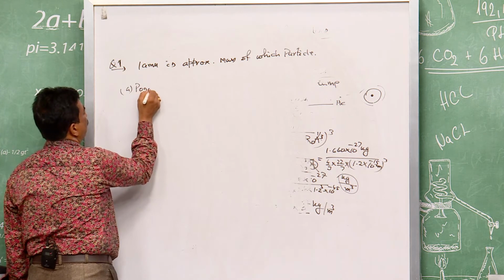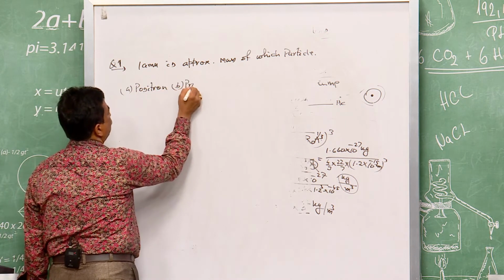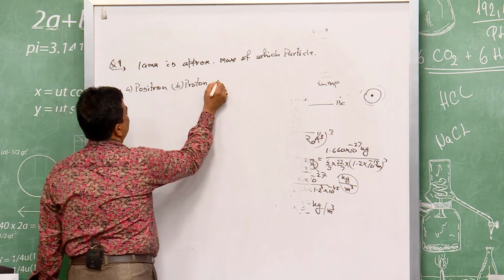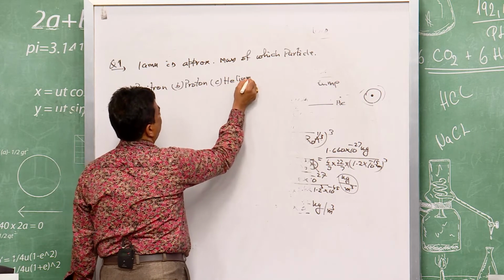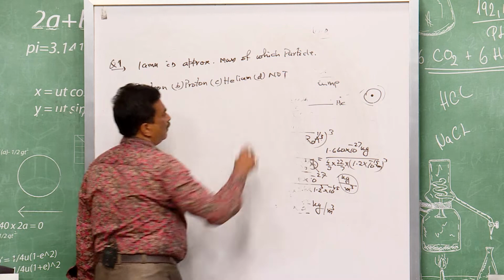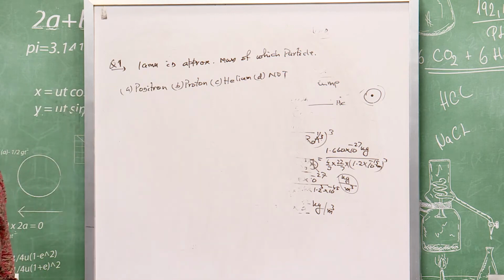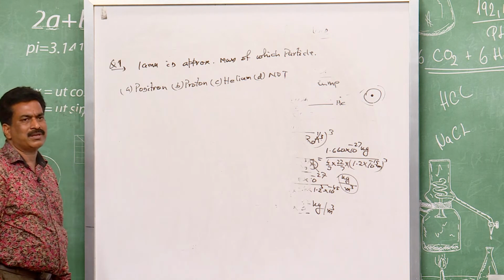One is the positron, second is the proton, third is the helium, and the fourth is none of these. Can you guess which one will be correct?